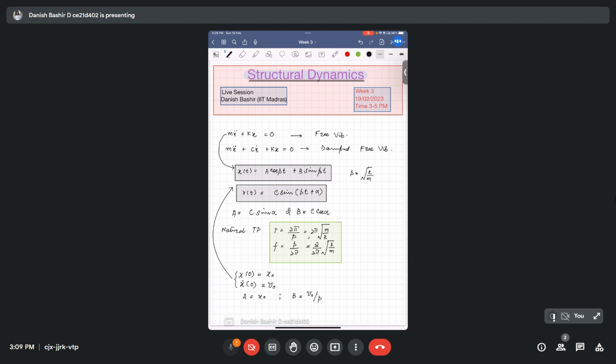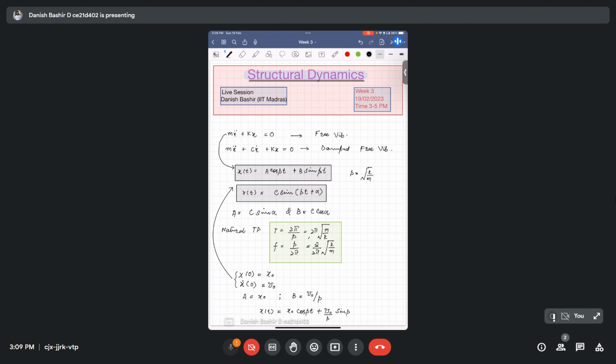We can write our solution x of t, in terms of initial conditions, as x naught cos pt plus v naught by p sin pt.